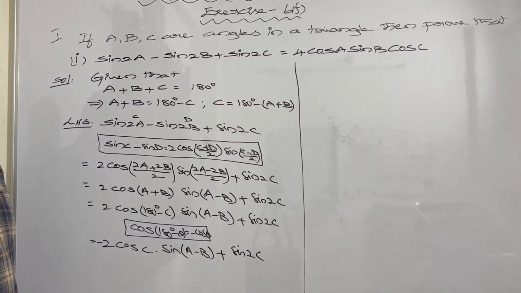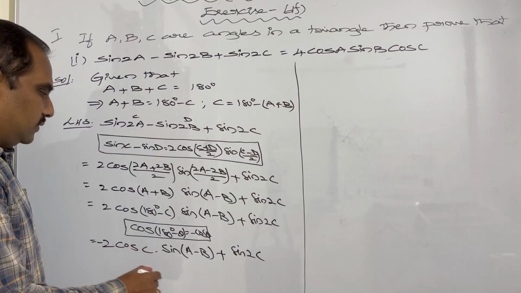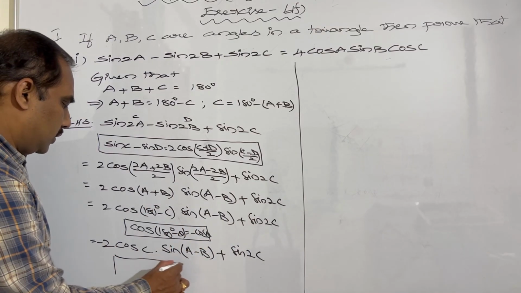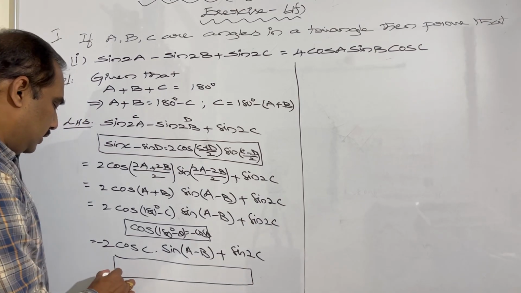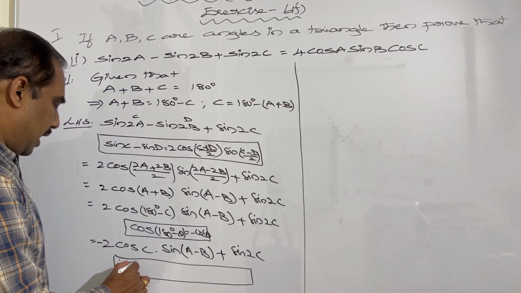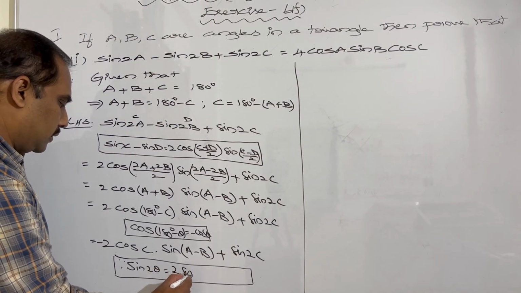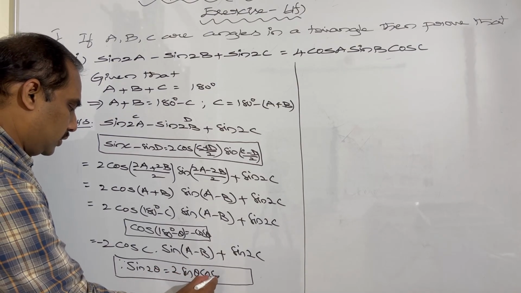Now here we have cos C, and here sin 2C, which is like sin 2 theta. We have sin 2 theta is 2 sin theta cos theta.